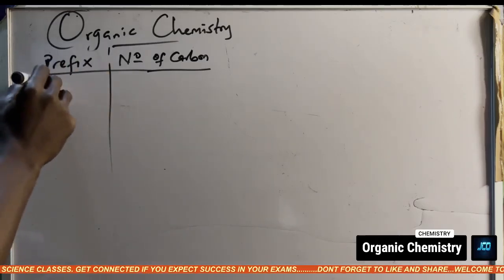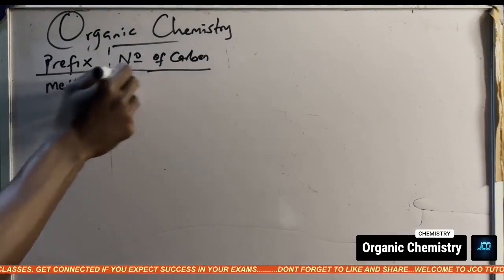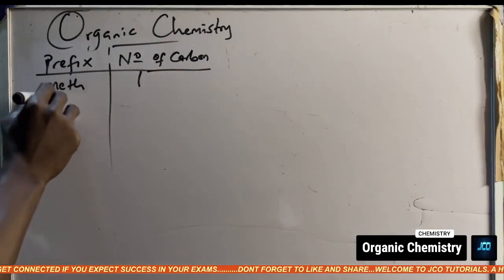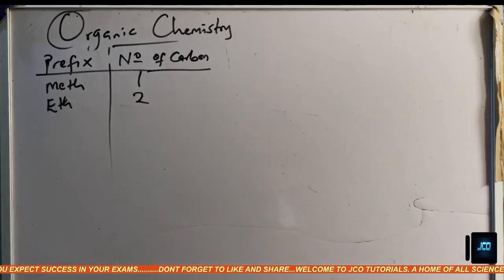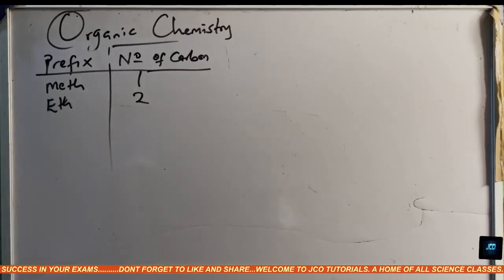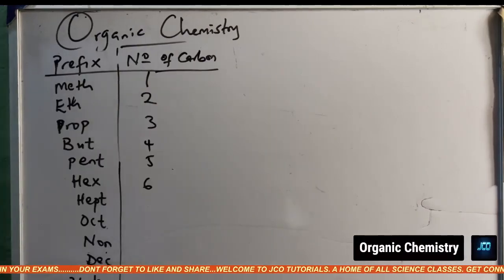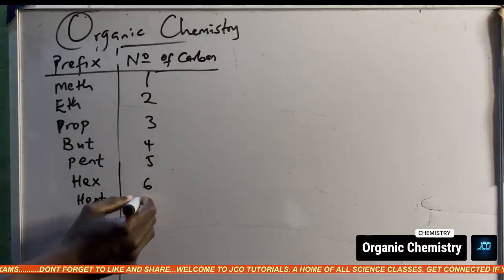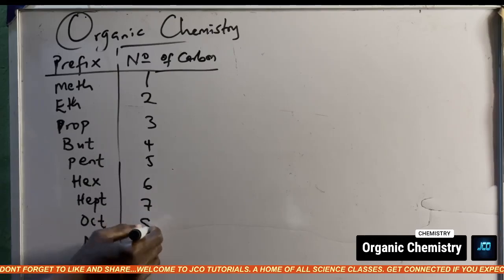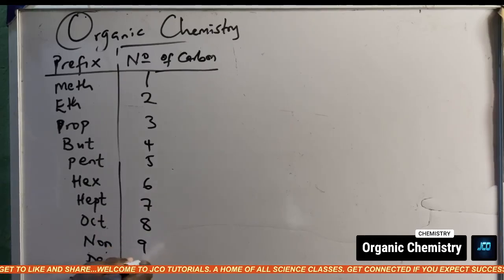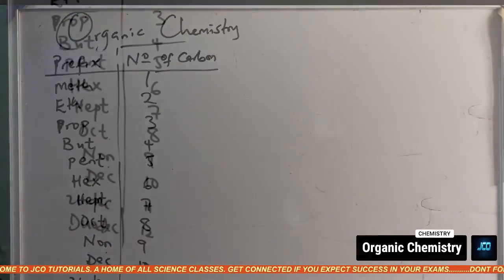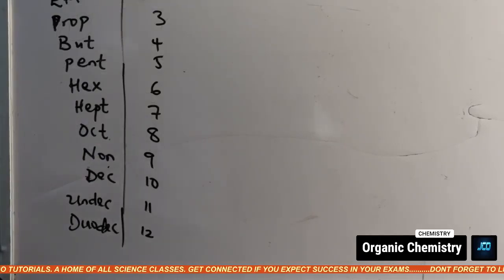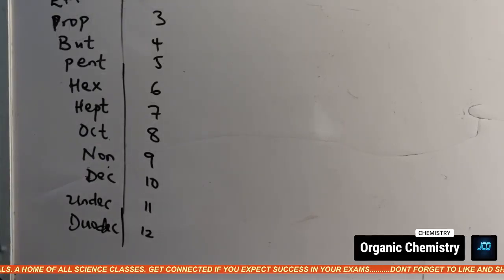The prefixes start with: meth is for 1 carbon, eth is for 2 carbon, then we have the third carbon, and so on in that order. Then we have hept for 7, oct for 8, non for 9, dec for 10, undec for 11, and dodec for 12. So this is the prefix we have when dealing with the number of carbon.